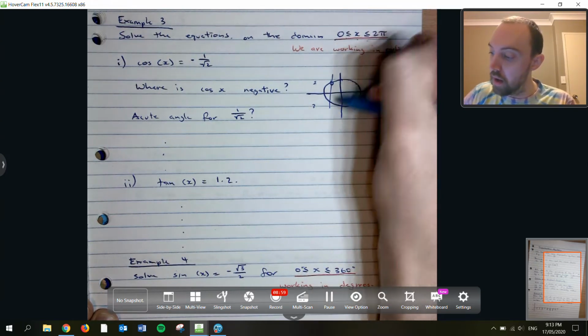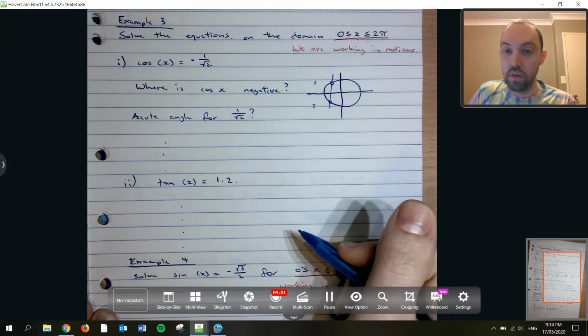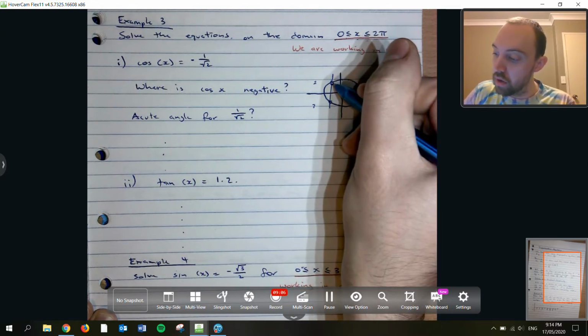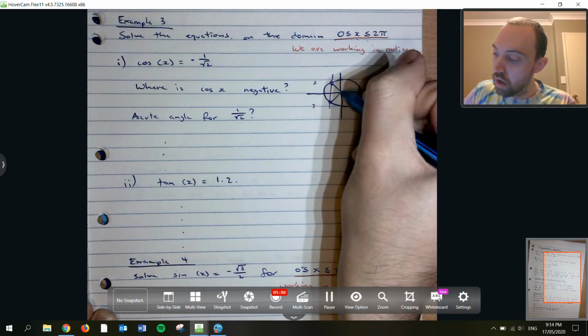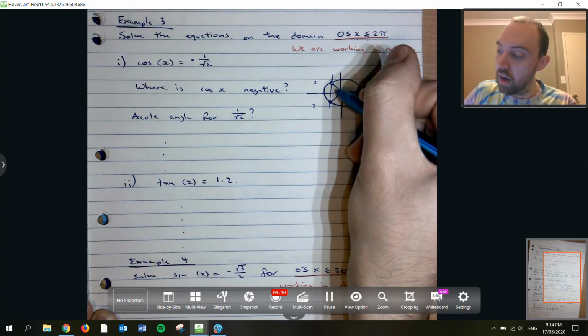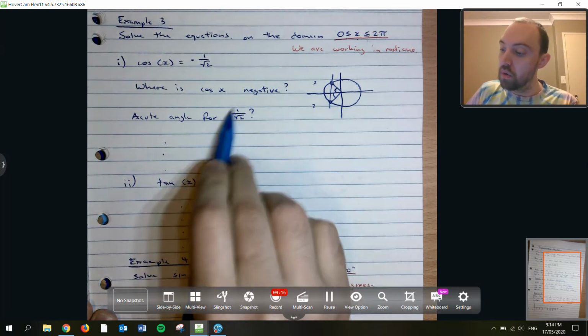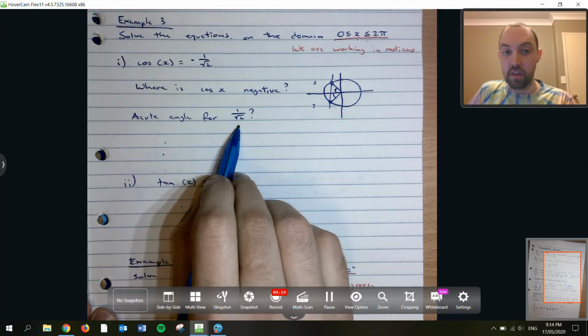We're thinking about these two solutions here, where this line is going to be equal to negative 1 on root 2. Our solution is going to be 180 take the acute angle and 180 plus the acute angle. But what is the acute angle for 1 on root 2 was the other question that we're thinking.